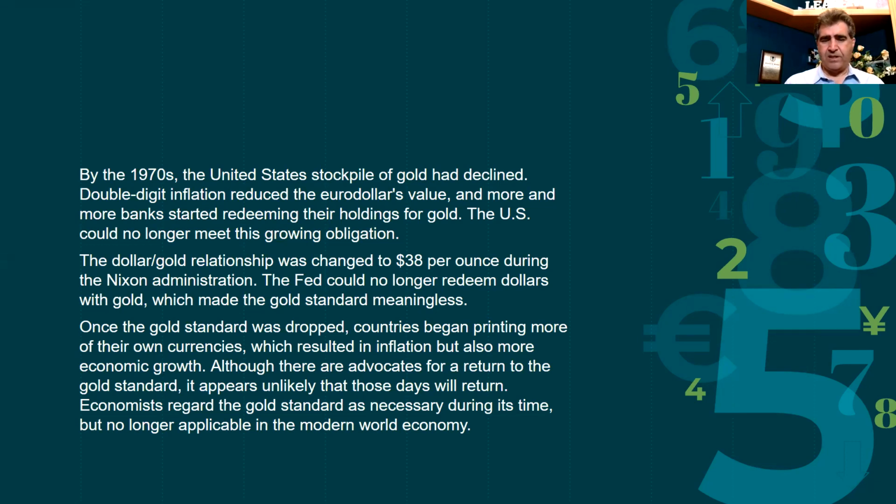And although there are some people who advocate for a return to the gold standard, I've even heard, I know in the 1990s, there was a discussion about using real estate as a reserve, for instance.